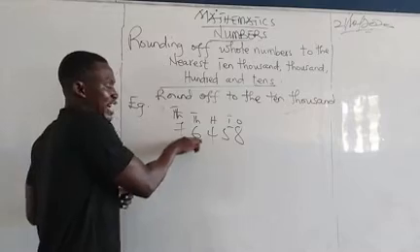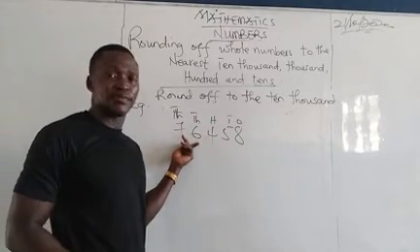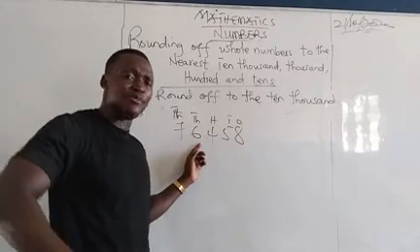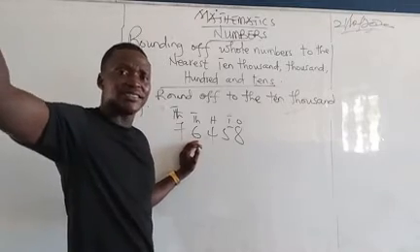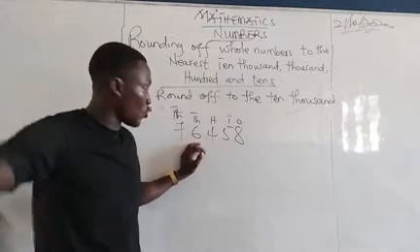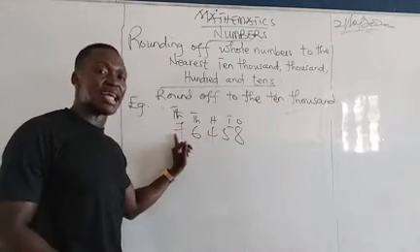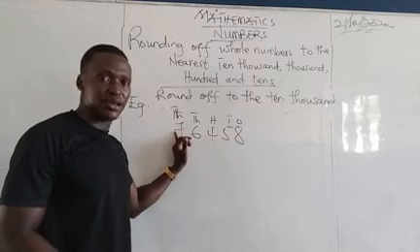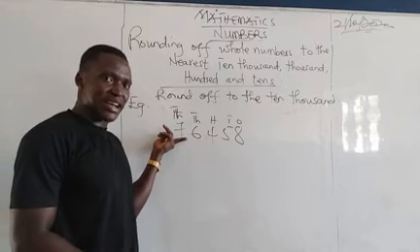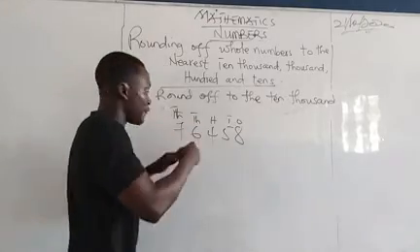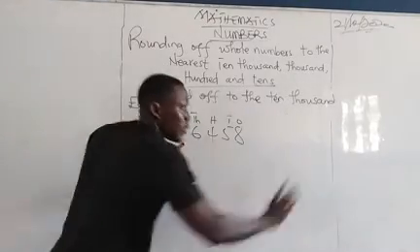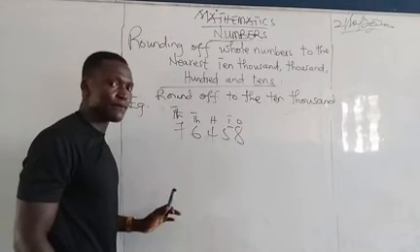So now let's check the 6. Is 6 5 and above or 4 and below? We can see that the 6 is above 5. So we add 1 to our targeted number, which is our 7, because we are checking on the 7. Then make the rest zeros. I hope you are following.